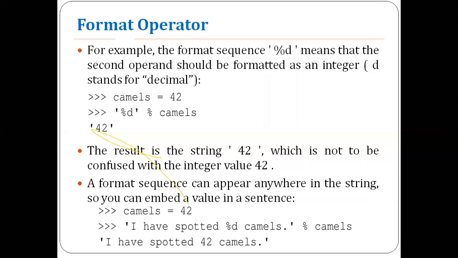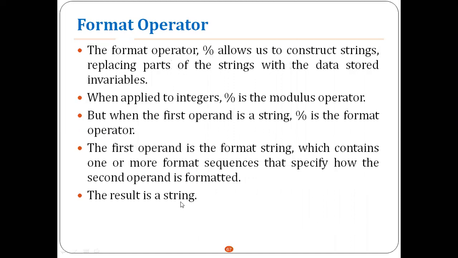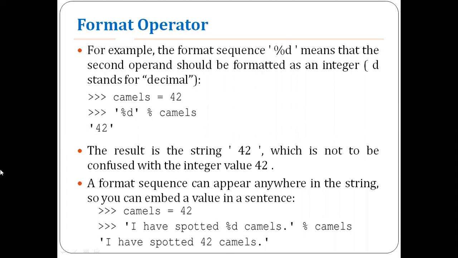We write percent d, percent f and all those things, where we specify what kind of data we are printing. And here you are putting these camels into this percent d. The camels is an integer, but once you format it, the resulting output is a string. That's why the output, I have spotted 42 camels, is nothing but a string.